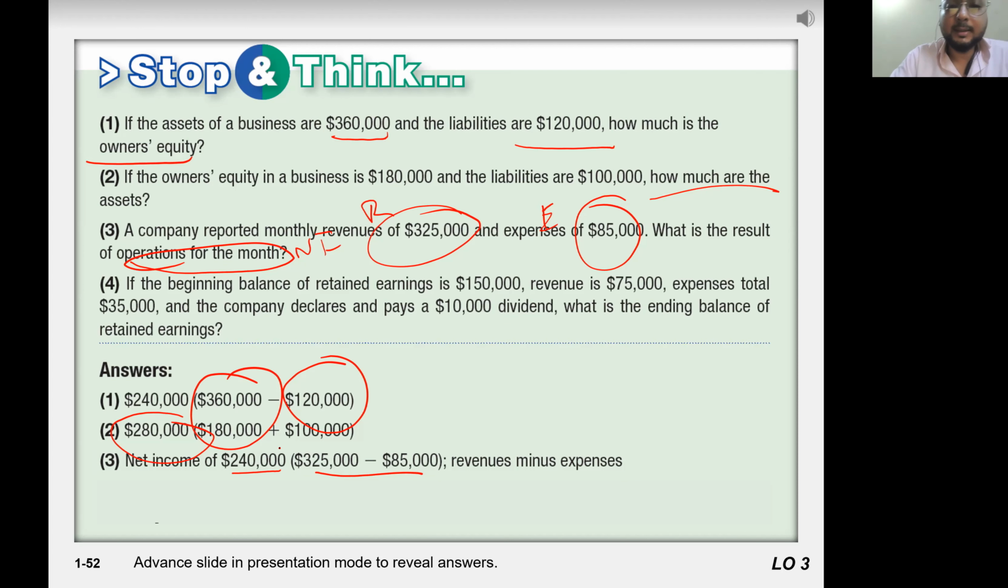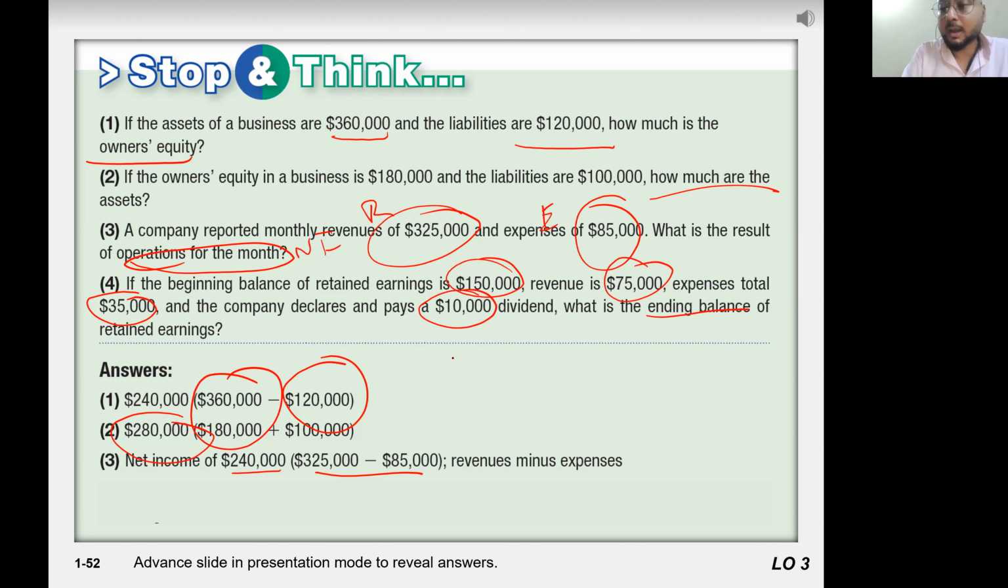The 4th one is, if the beginning balance of retained earnings is 150,000, revenue is 75,000, expenses are 35,000, and dividend is 10,000, what is the ending retained earnings balance?